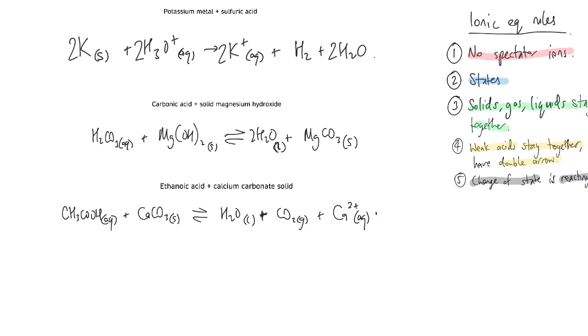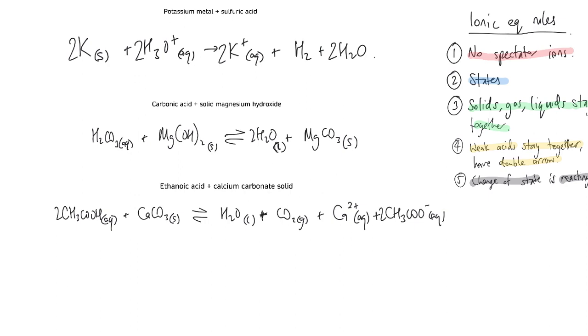The ethanoate went from being a weak acid and all stuck together to being an ion, the ethanoate ion, right? So even though this salt is not a precipitate, because its reactants that made that salt were a solid and an aqueous, or a weak acid, therefore I have to show those two things because those were technically a change of state, right? And that CH3COO breaking apart is counted as reacting, right? So I would balance this equation by putting a 2 there, putting a 2 there, and that's it.